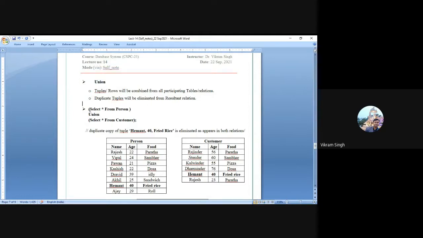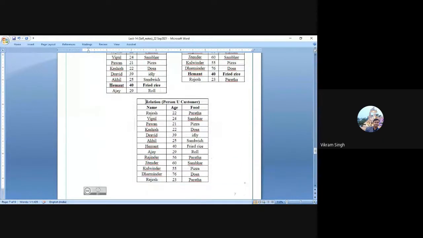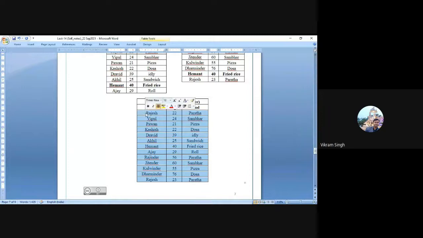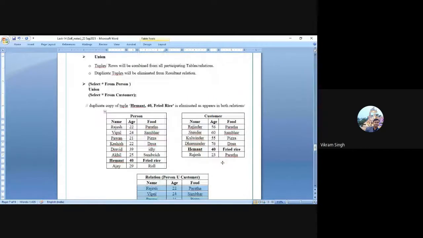So you can see here the very first query is selecting the details from the person table, and the second query or subquery is collecting results from the customer database table. So if you perform union between them, it will simply generate a database table which has the combination of values.